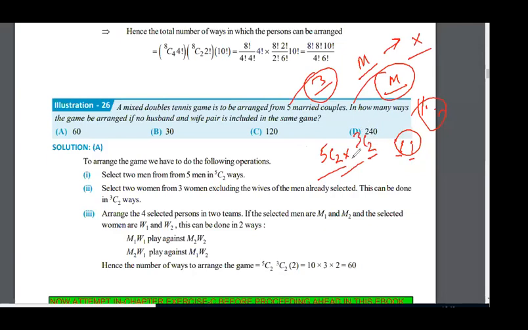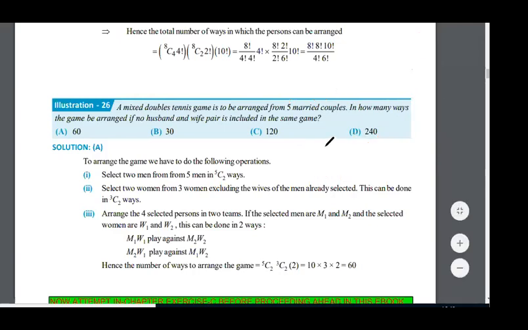But the thing is, we can do the opposite also. We can select women first, then select men. So this can be done in another way. So either this plus this again. Either I can write 5C2 into 3C2 plus 3C2 into 5C2, right?